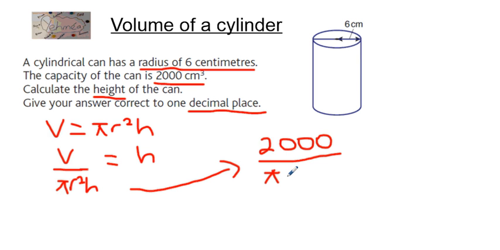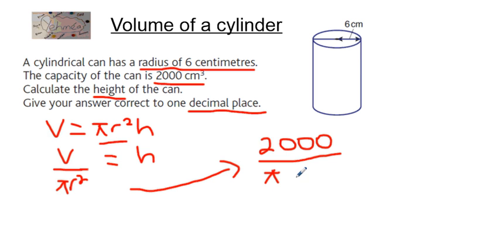We're not told to use 3.142 in this question. Oh sorry, the height should have been taken off here. Should be pi r squared. Sorry about that, because we're looking for just the height. Okay, so we can have height again there. We're only getting rid of this.